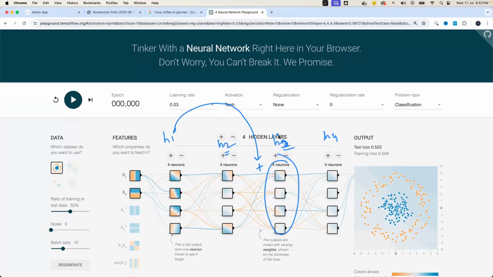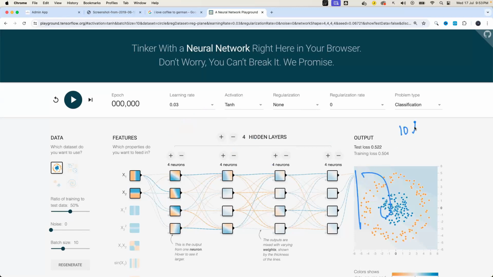The reason this is important is that as the number of layers in my neural network grows, if I do not have this residual connection, then let's say I have 10 layers in my neural network. Now, from the output layer, if I have to update the neurons in my first layer, I'll have to pass in a backward direction.